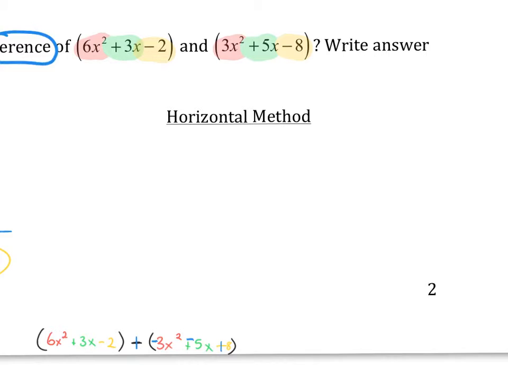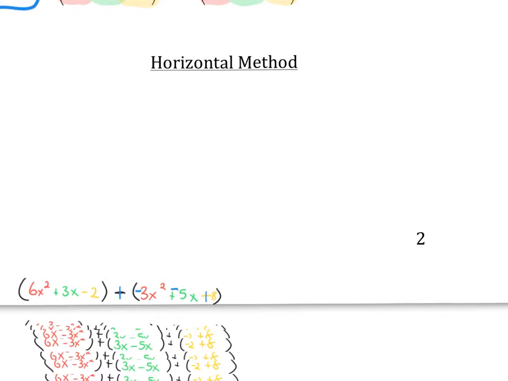Now I can group things together. So I'm going to group together the 6x squared minus the 3x squared, putting a plus in between. Now, in green, the 3x minus the 5x. And lastly, the negative 2 plus the 8. Now, this is a lot of extra work that I'm writing down for you, and you do not have to do all this.